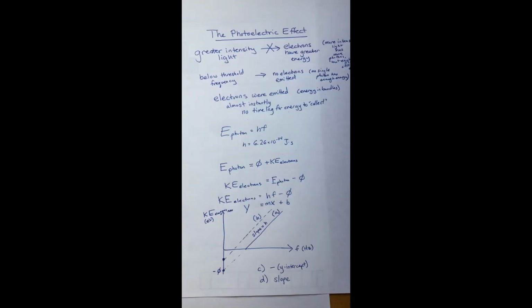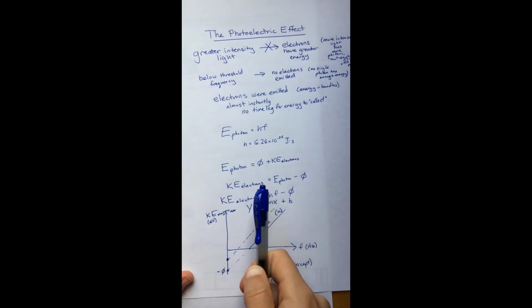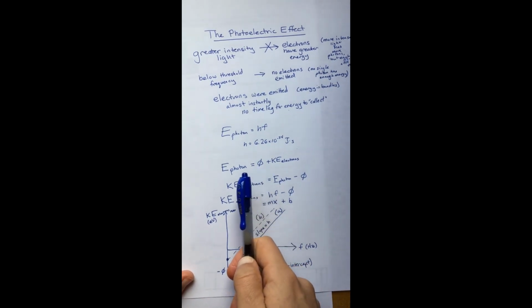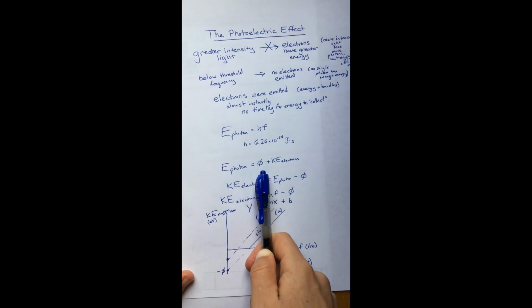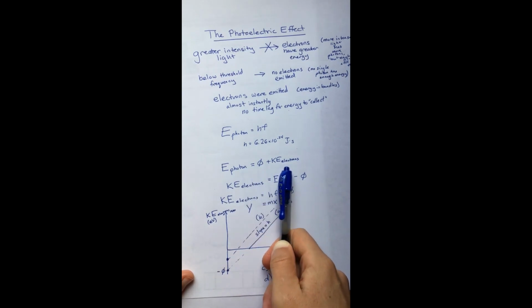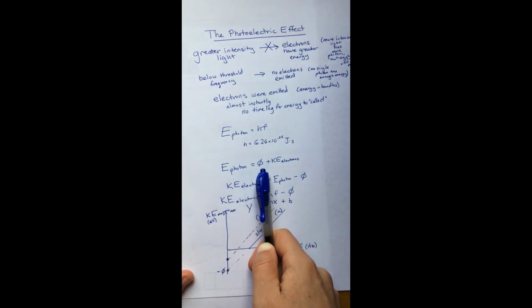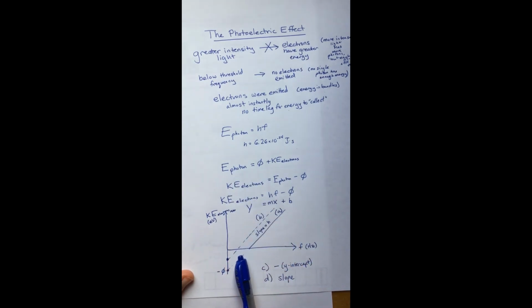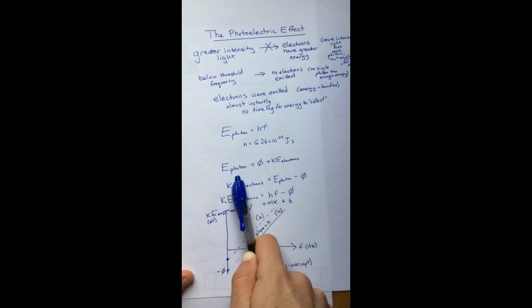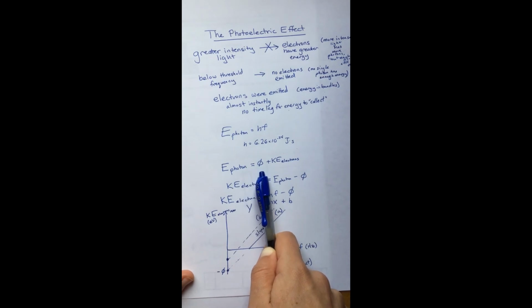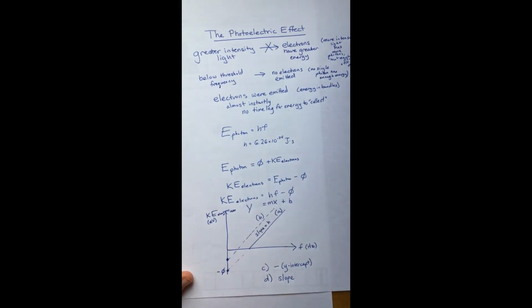But notice that our equation isn't going to work in this case, because the photon energy is less than the work function. So even if you made the kinetic energy of the electron 0, the photon energy is less than this. You'd have to have a negative kinetic energy for the equation to be true, but you can't. And so if your photon energy is less than your work function, then this equation no longer holds.